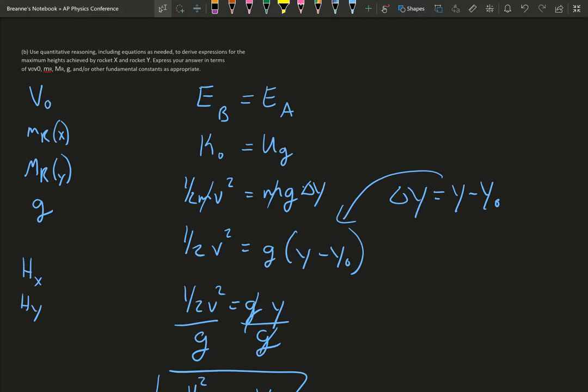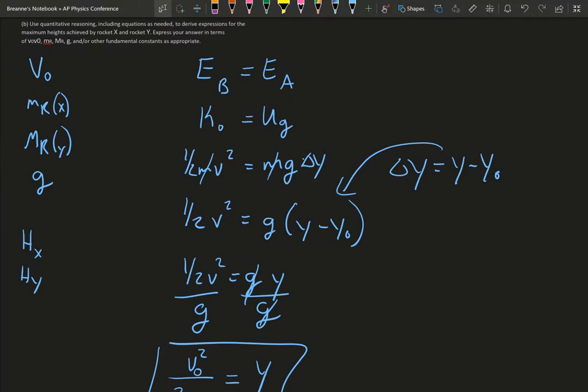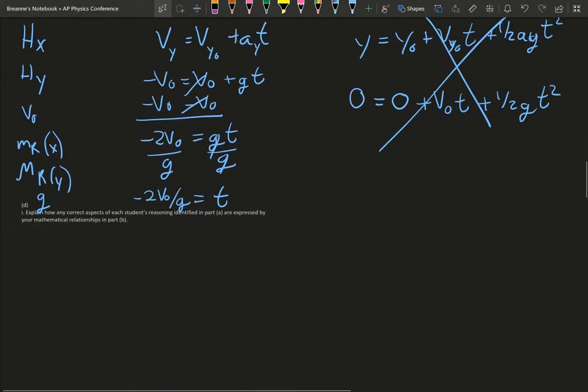So you could say, because rocket Y has a greater mass than rocket X, and both rockets are launched at the same initial speed, therefore rocket Y has more kinetic energy than rocket X. However, looking at the conservation of energy being applied, the masses end up canceling out, so it shows you that you have your final height.